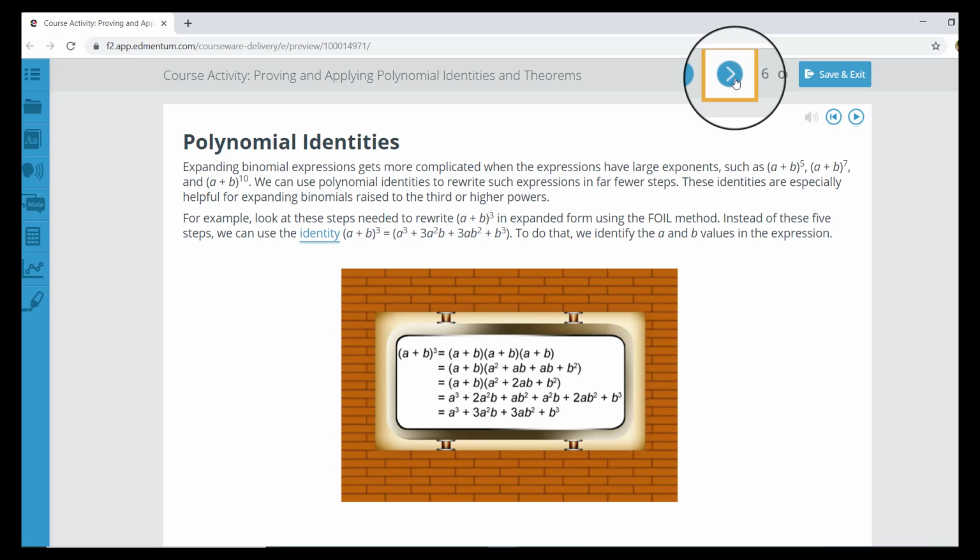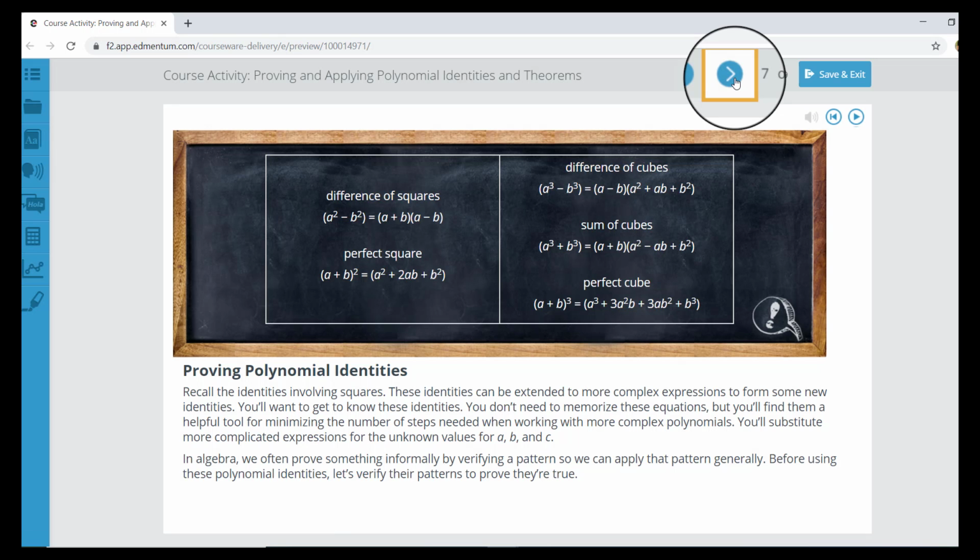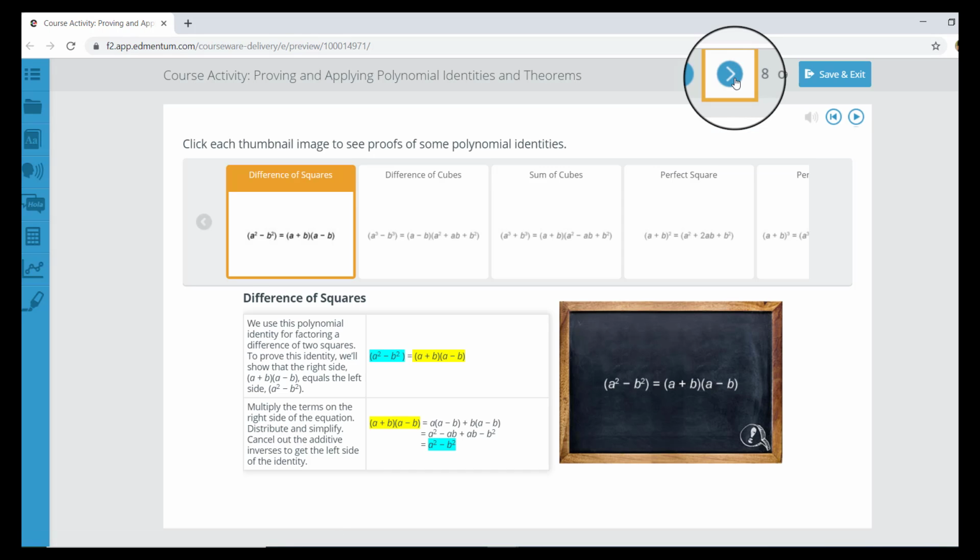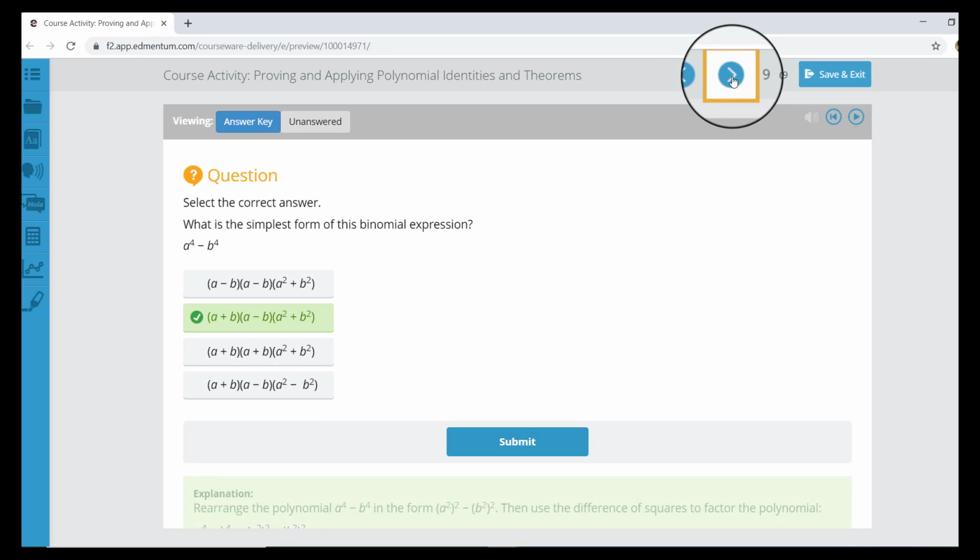The students are given a lesson with examples, and they will also interact with this course activity the same way they have interacted with the unit activity, through their computer screen.